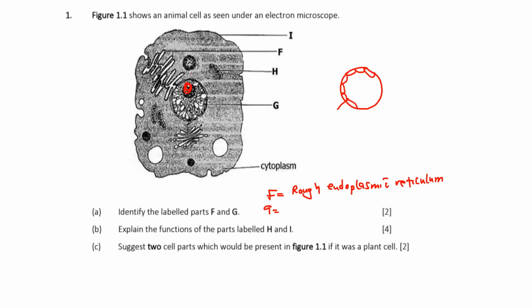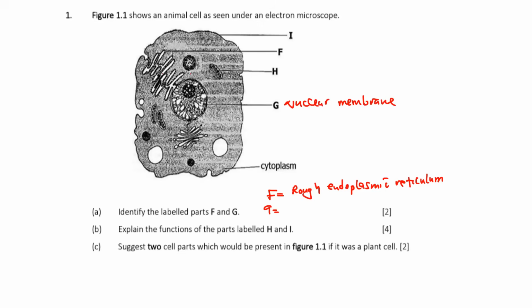Then you have the nucleoplasm, which is a fluid inside there. We might not see clearly where the arrow is pointing, but so long as you know the parts of this center part, which is the nucleus, then we are good to go. So for me here, I'm going to say this is the nuclear membrane.